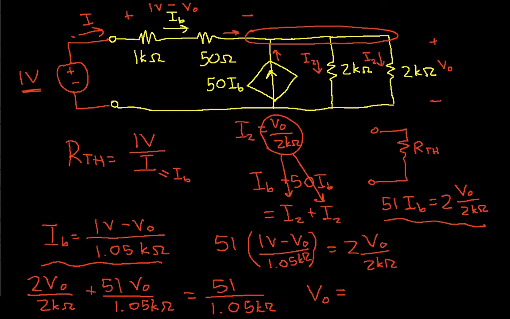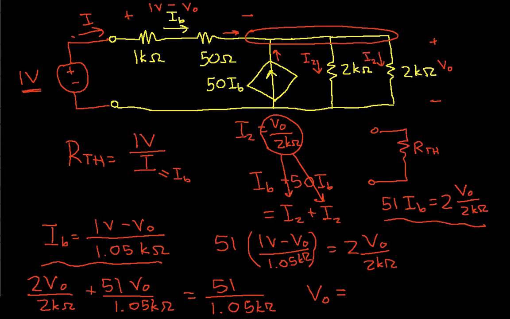Let's see if I can get this right. We're going to have V0 is 51 over 1.05 k ohms divided by 2 k ohms plus 51 divided by 1.05 k ohms.